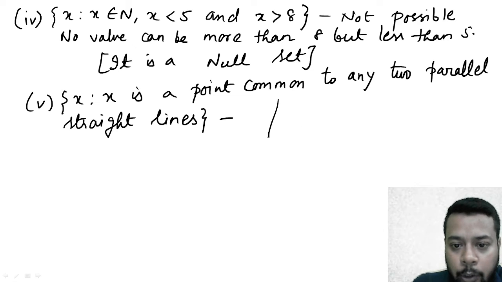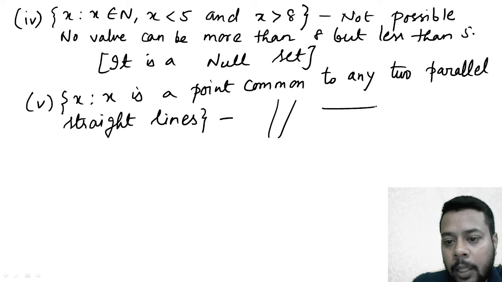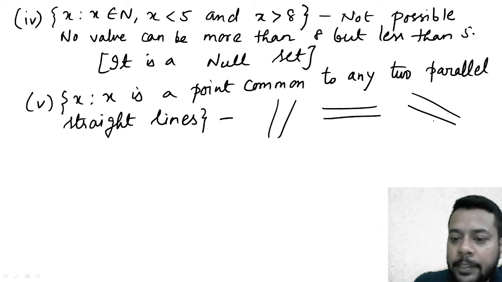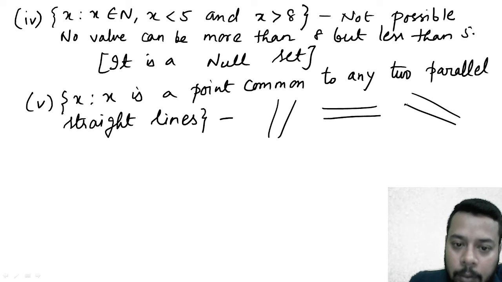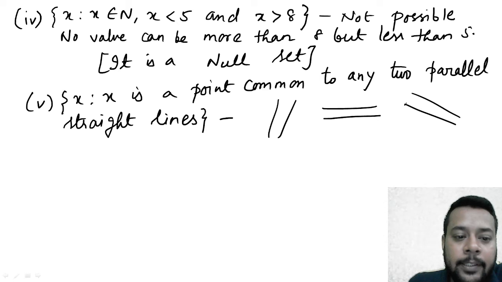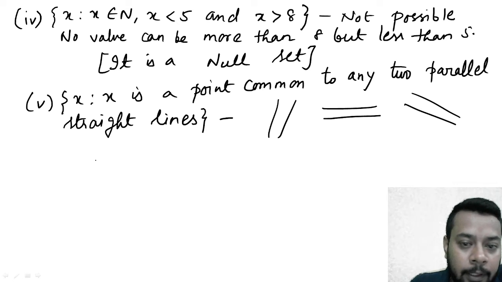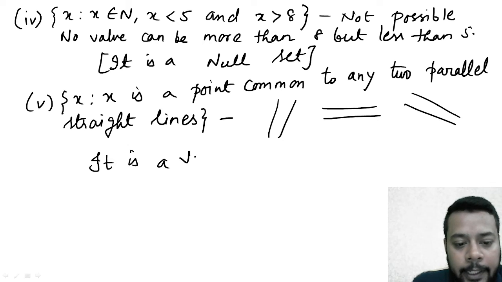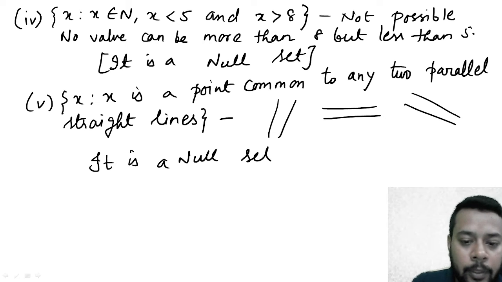So try to understand. Two parallel lines can be like this, or like this. These are the two parallel lines. Can there be any common point between these two lines? No. So obviously this is also a null set.